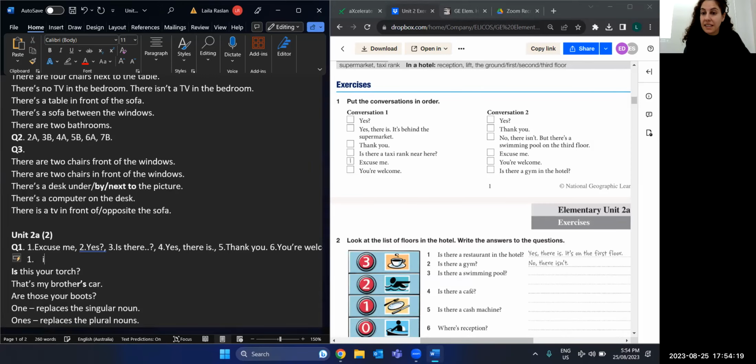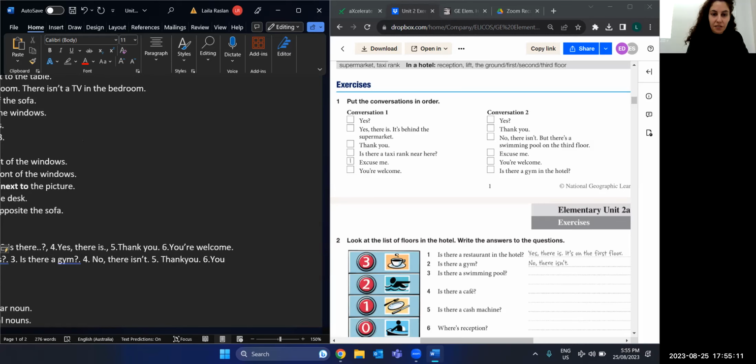Number 2, yes. Number 3, is there a gym in the hotel? Number 4, no, there isn't, a negative. 5, thank you. And 6, you're welcome.